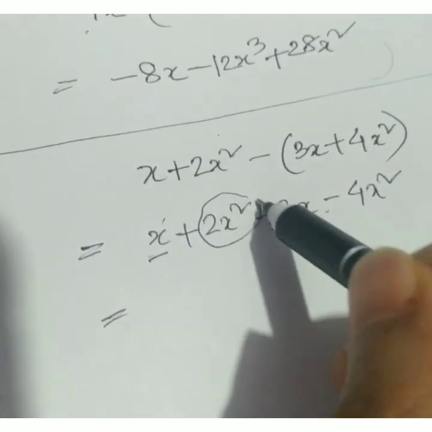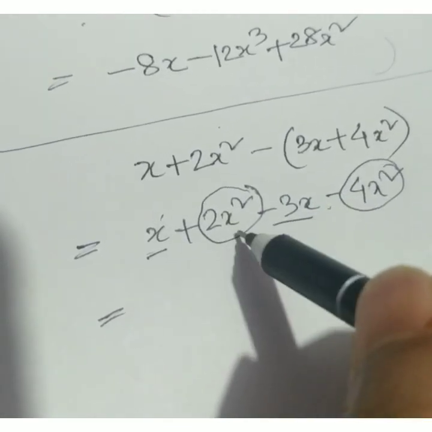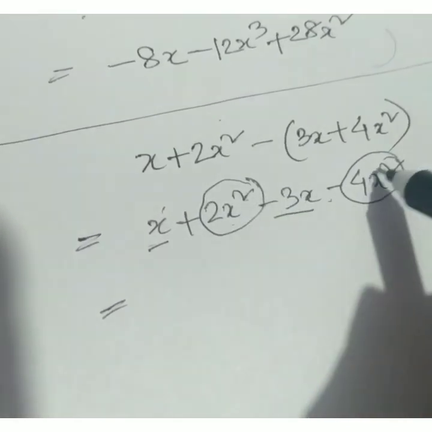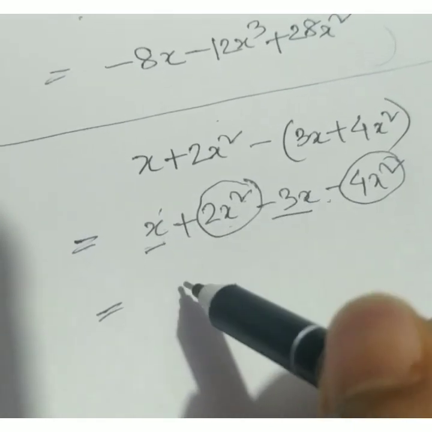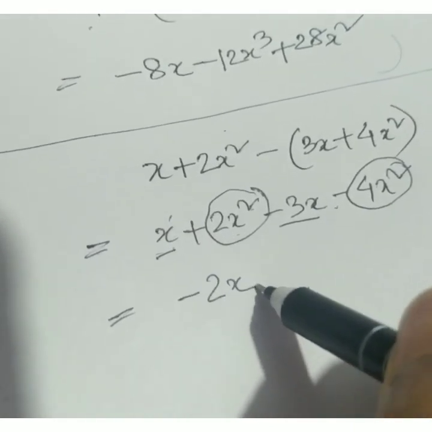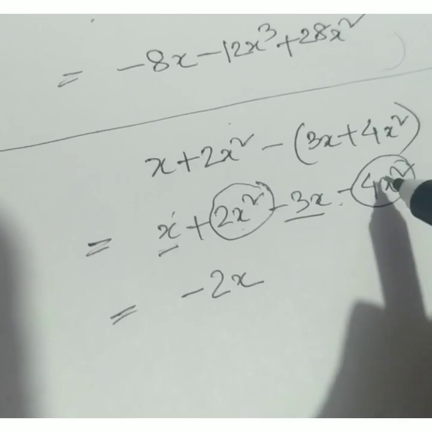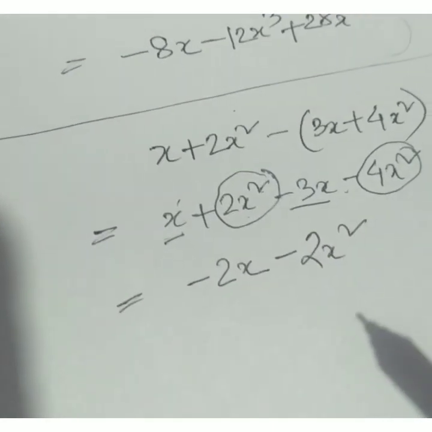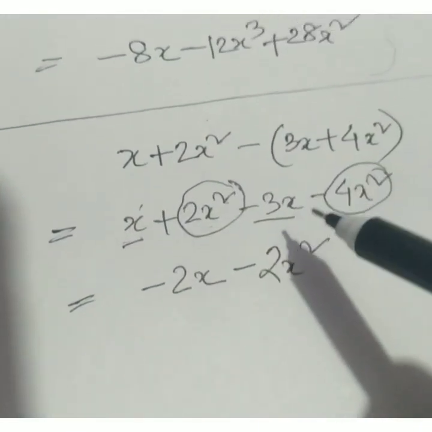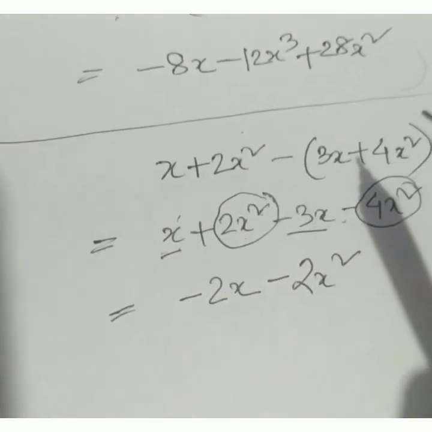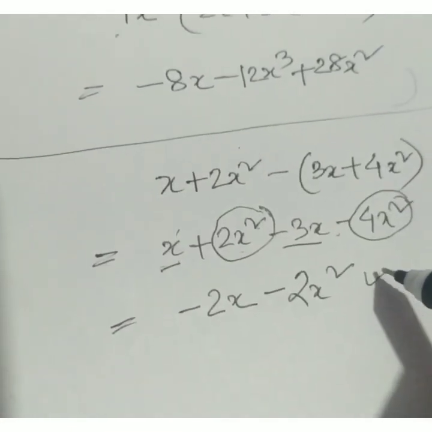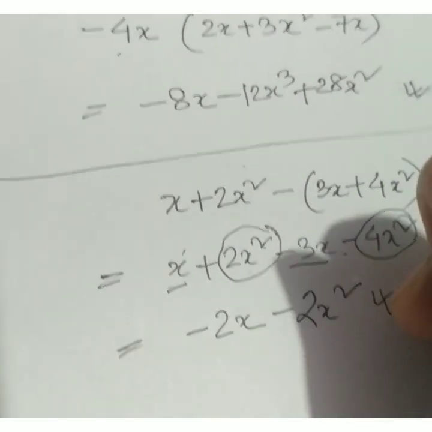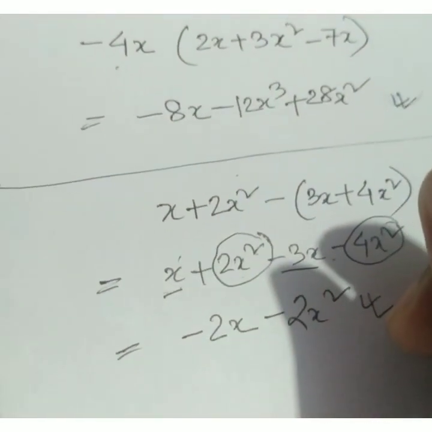Similarly, 2x square minus 4x square, I can solve these two because the variable and the power are also the same. So x minus 3x is minus 2x, and 2x square minus 4x square is minus 2x square. Okay, so this is how we need to subtract. So we need to be very careful about subtraction and multiplication when doing division of polynomial by polynomial.